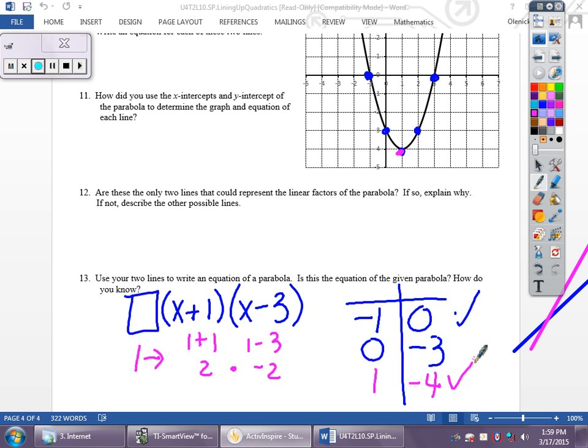Now I'm going to plug in the number 2. 2 plus 1 is 3. 2 minus 3 is -1. 3 times -1 is -3. 2 and -3. And I would keep checking this. So I believe this is the equation of the parabola because when I plug in the factors into this equation, they match the points on the graph.